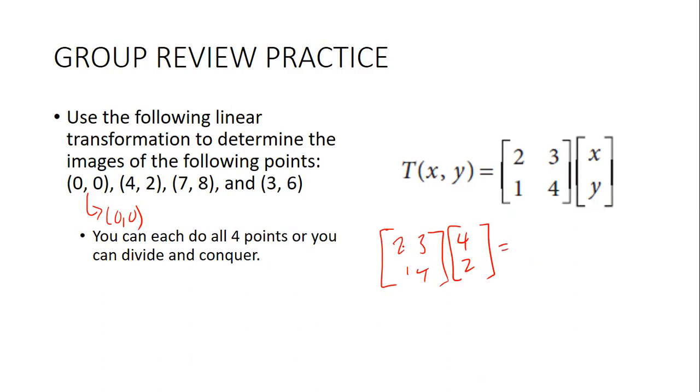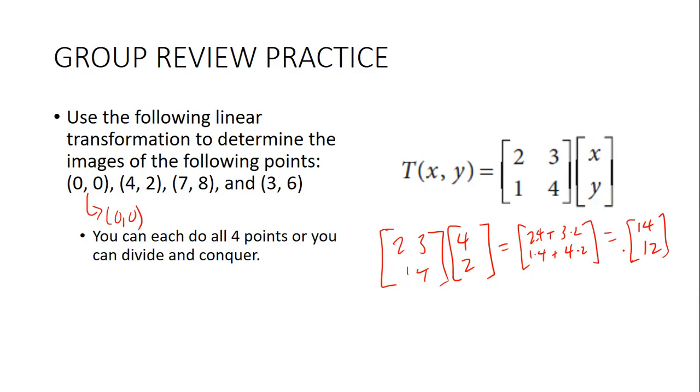So if I did it this way, 2 times 4 plus 3 times 2, then 1 times 4 plus 4 times 2. That gives me 8 plus 6 is 14. 4 plus 8 gives me 12. Okay, so that's way number one.